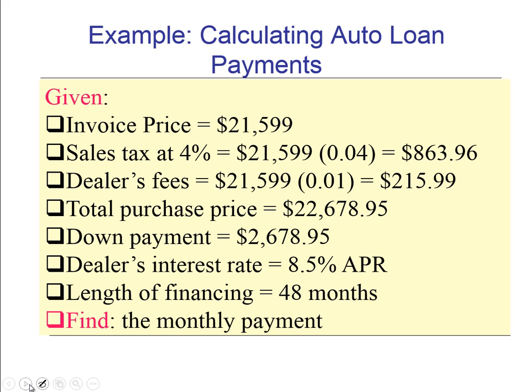As an example, let's calculate an auto loan payment. Assume that you went to a car dealer and selected a car with an invoice price of $21,599. The sales tax is 4% on $21,599.